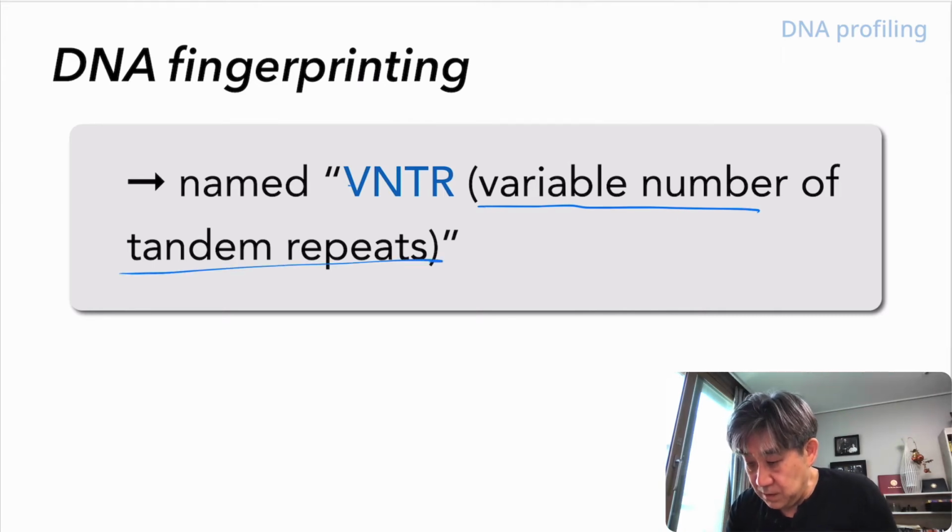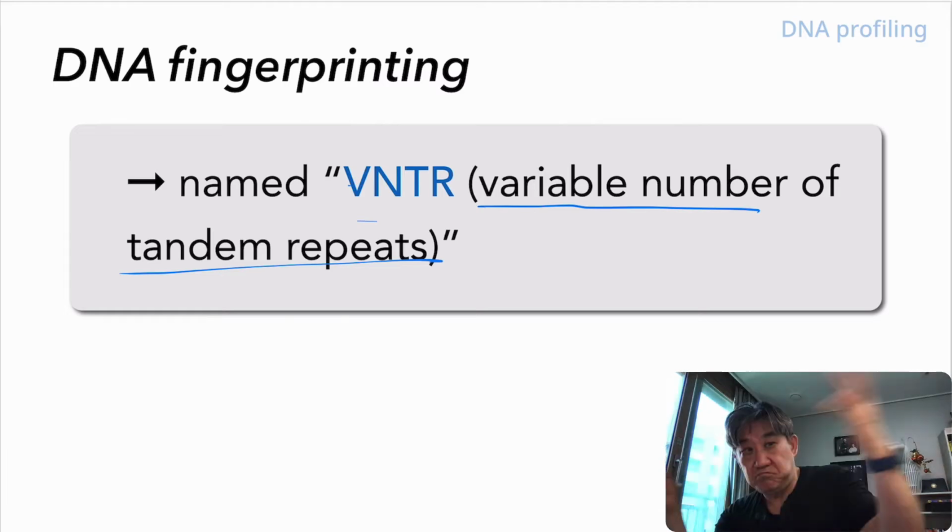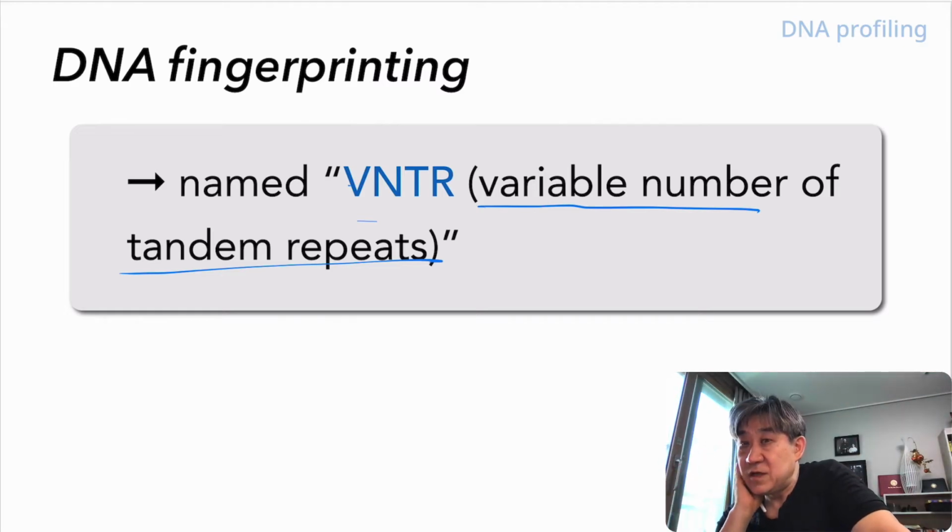In DNA fingerprinting, this repeat area, the VNTR region, is one of the very popular choices for trying to identify the different patterns of different individuals in terms of their DNA sequence. VNTR is one of such popular repeat elements present in all human DNA.